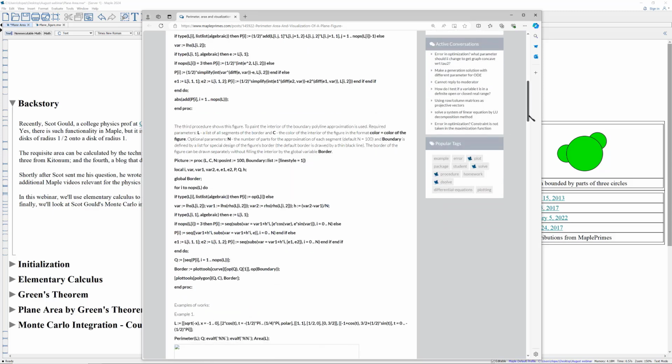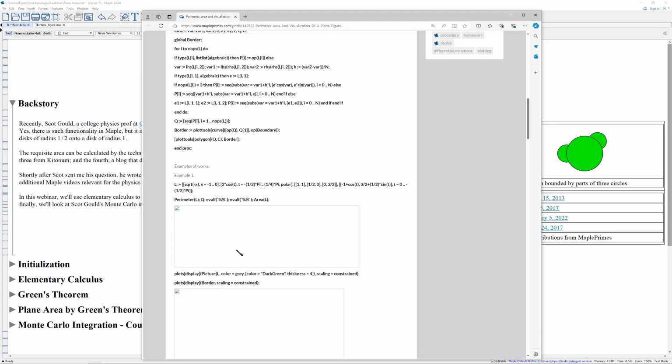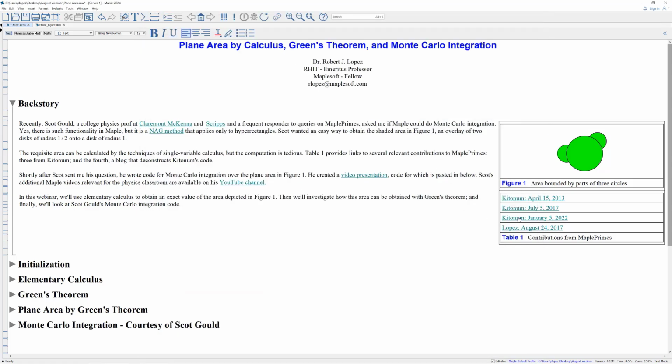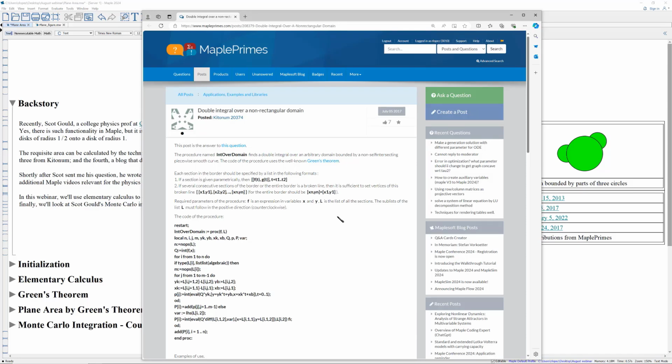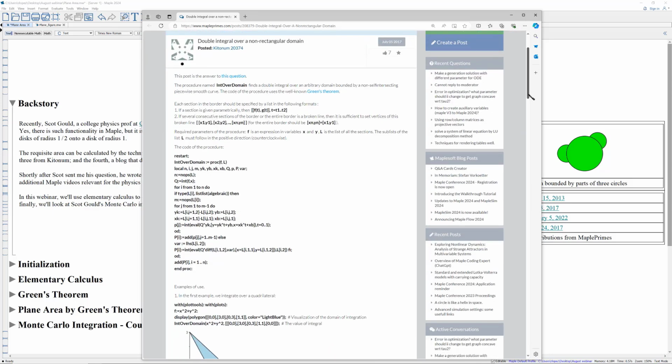Now, as you scroll down here, you discover that something happened with these pictures. We'll see that fixed in a minute. In 2017, 4 years later, the issue came up again on MaplePrimes, and you see Kitonum's code appearing again.